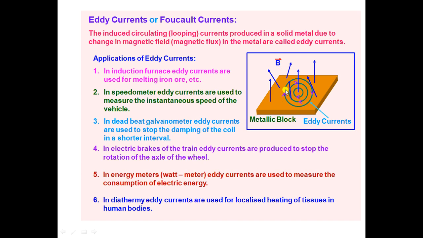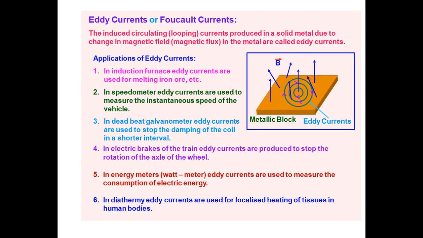In the induction furnace, eddy currents are used for melting iron ore, etc. They are used in speedometers, where eddy currents measure the instantaneous speed of vehicles.